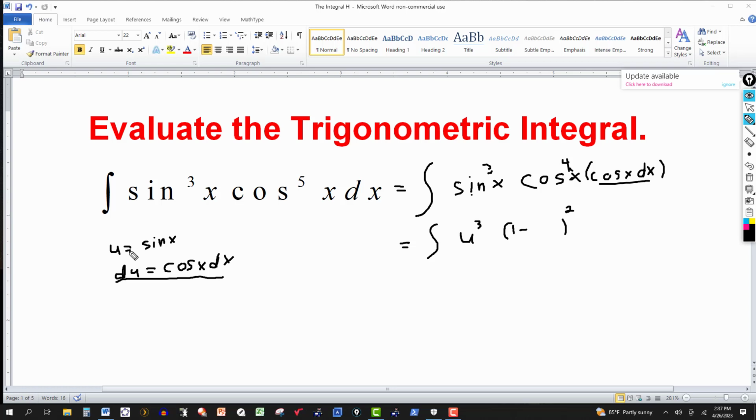But sine squared would be u squared, because u is sine of x, so this will be u squared. And then cosine x dx, that's replaced by du, from this right here. Now it's just a matter of multiplying this out.